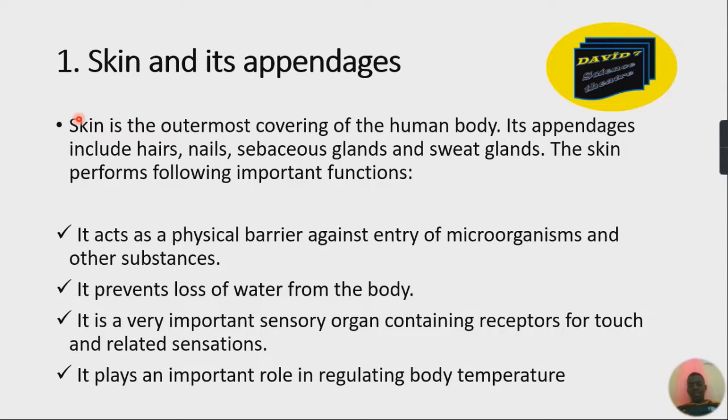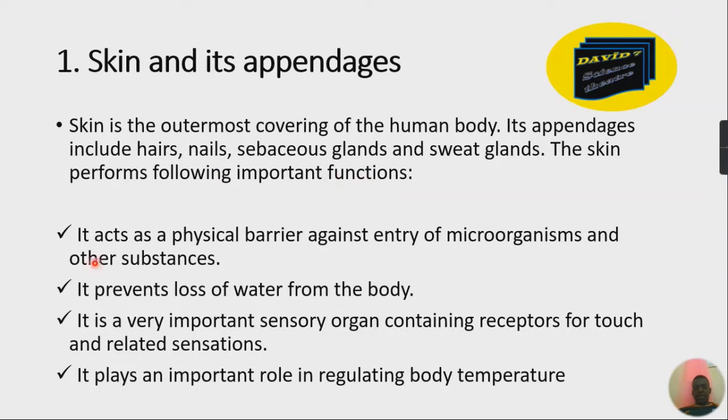So the skin and its appendages. The skin is the outermost covering of the human body. Its appendages include hairs, nails, sebaceous glands, and sweat glands. The skin performs a lot of functions.